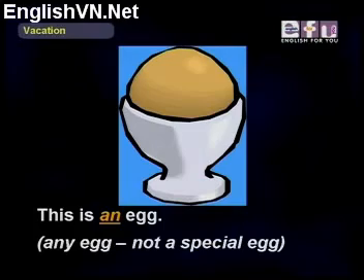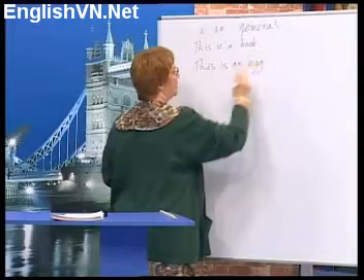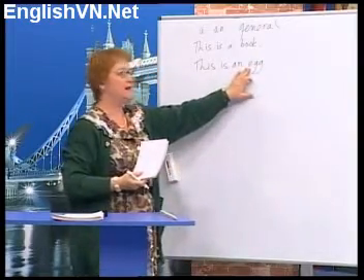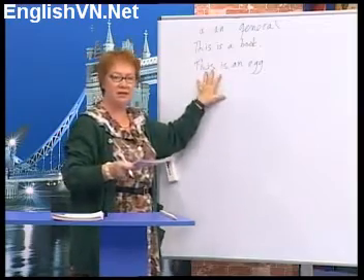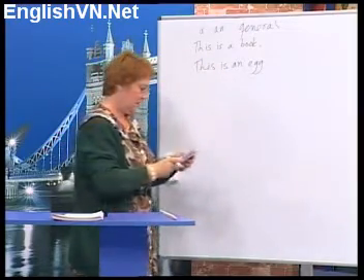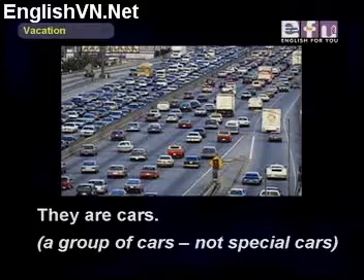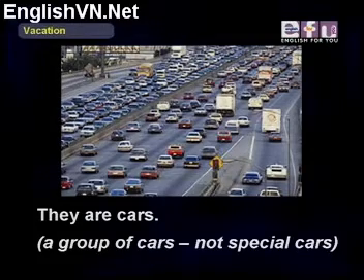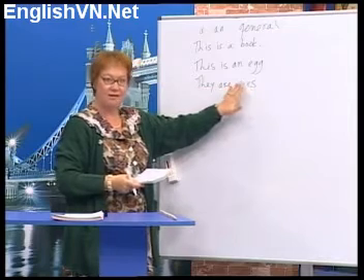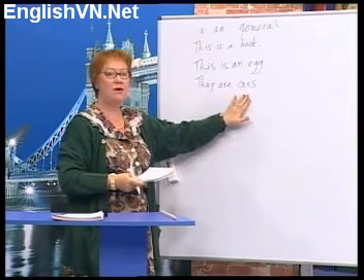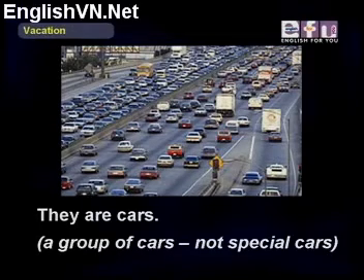Here's one. This is an egg. And we had to use N because of the E. This is an egg. General. It's not a special egg, it's general. They are cars. Plural, general. No article. A group of cars and they're not special.